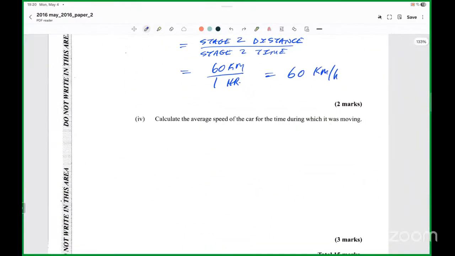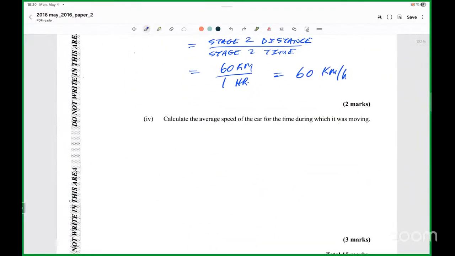Next part says, calculate the average speed of the car for the time during which it was moving. That's the total distance divided by the total time minus the stop time, for the amount of time it was moving. So that's for the whole journey.